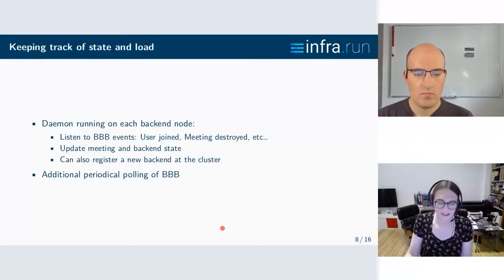Also, for convenience, we can use this node daemon to easily set up new nodes in the cluster, because if a new node is joining the cluster, it gets auto-registered.